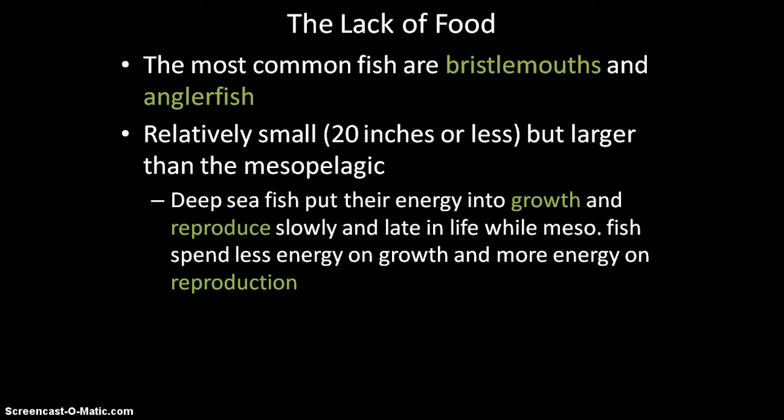They put more energy into reproduction early in life and therefore stay small. Whereas these deep sea fish have longer lifespans, and so they put energy into growth first and then reproduce late in life. So they grow bigger and then reproduce later in life, whereas mesopelagic fish will reproduce early and therefore stay small.